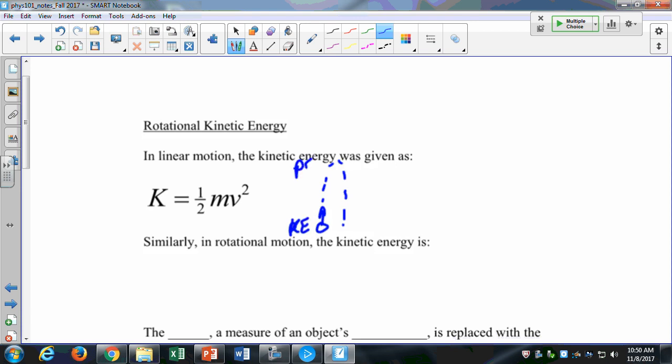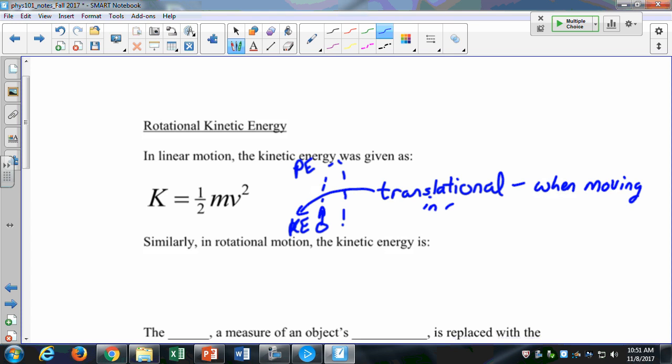At the top it has potential energy. This is called translational kinetic energy. And that is when something's moving in a straight line. Or it doesn't have to be necessarily straight. We'll just say in a straight line.